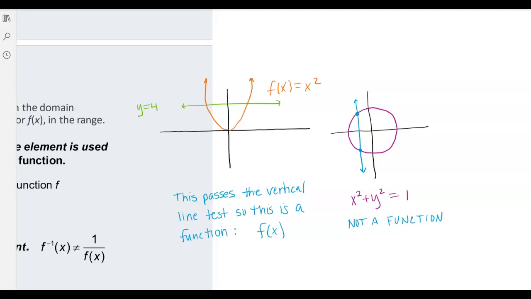So I give you the output value of the function, y equals 4. What was the input that I plugged in to end up with 4 as an output? Well, by looking at the graph and just what we know, there's two options, right? One of them is x could have been negative 2, and the other is that x could have been positive 2. So when I go in reverse, I don't have a single value that I know for certain I plugged into the function to get that particular output. And so this function is not one-to-one.